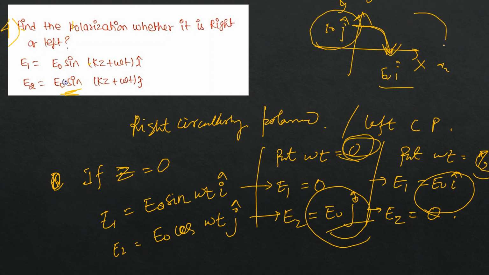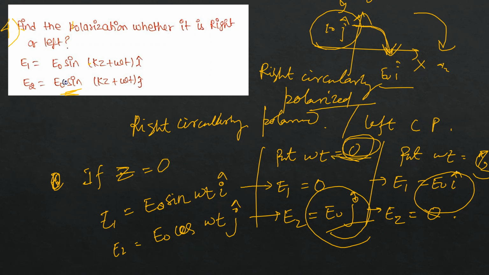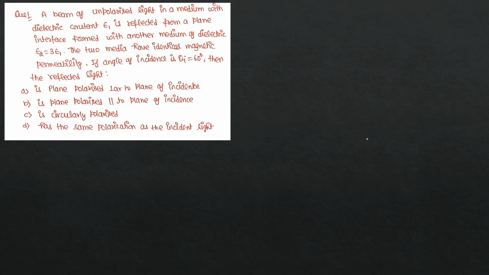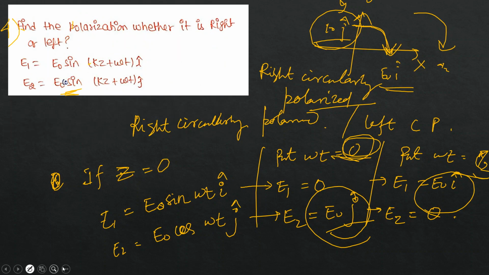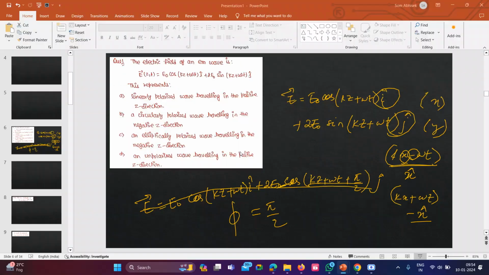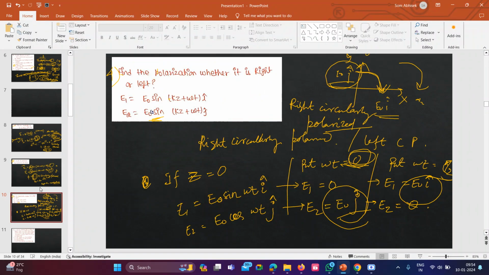That means this is going in the what? Right. So this is your right circularly polarized. Okay. First 0, then pi by 2. Okay. So this one is your polarization. Okay. Next what? Just a second.